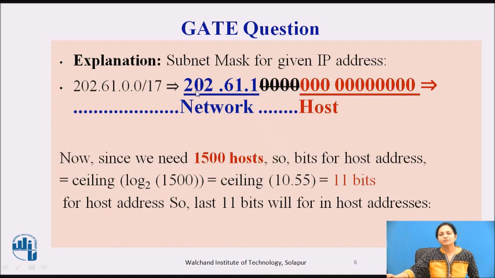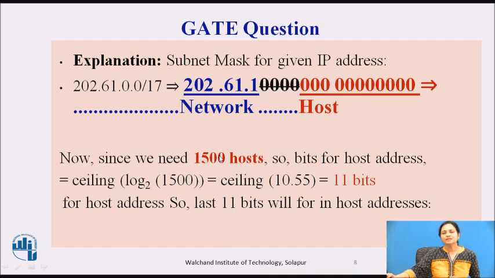So this will be the fixed network address in our question, and then the host will be for the remaining bits, as we have said, this 12 numbers are there. So when we are creating the subnet mask, for the network we put 1s up to this point and for the host we put 0s. So we can use this side and this side.